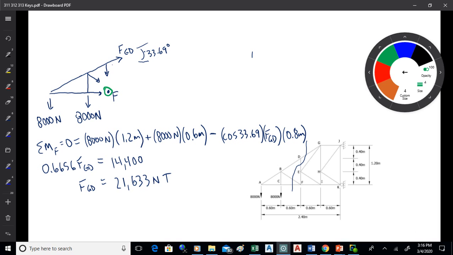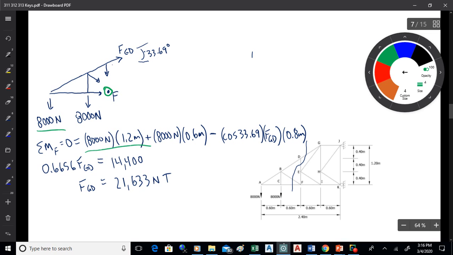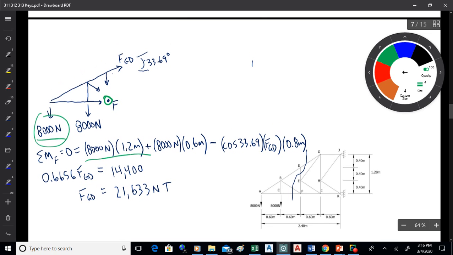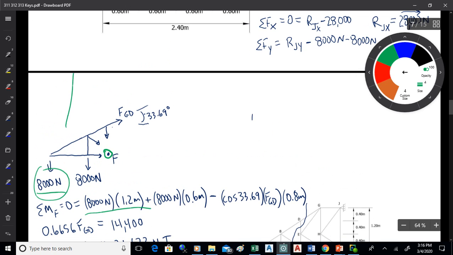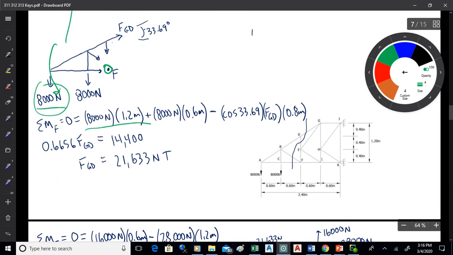Okay. So when I do that, then I'm going to use the left-hand side. I'm going to go 8,000 times 1.2. That's this one. That'll go counterclockwise, so that'll be positive. 8,000 times 0.6, or the next one, that's this one, positive also, and then the one I'm after is FGD.